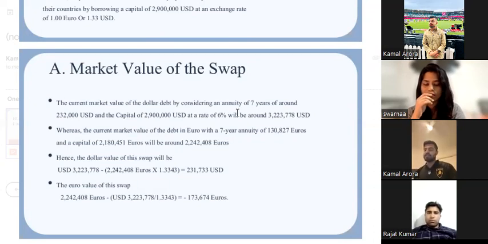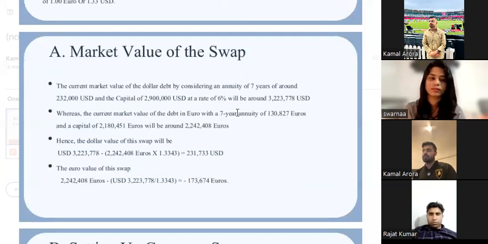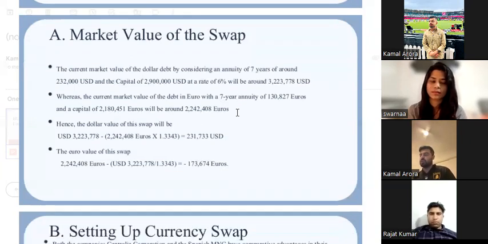And, sir, the market value of the debt in euros with a 7-year annual payment of 1 lakh 30,827 euros and capital of 21 lakh 80,451 euros will be around 22 lakh 42,408 euros. Hence, the value of this swap will be 2,31,733 USD, and the euro value of this swap is 1 lakh 73,674 euros.